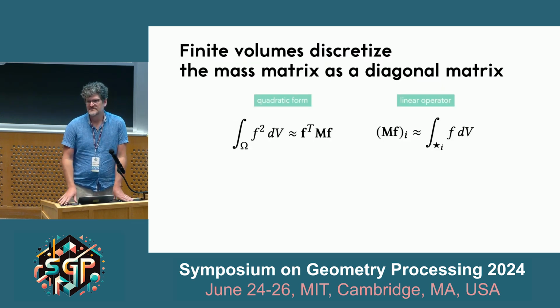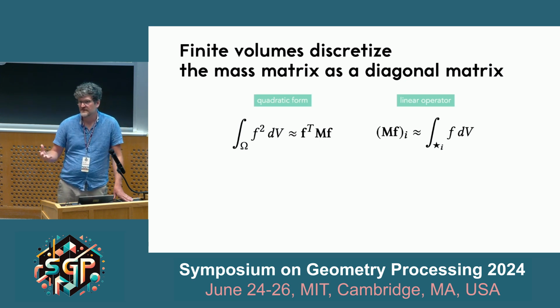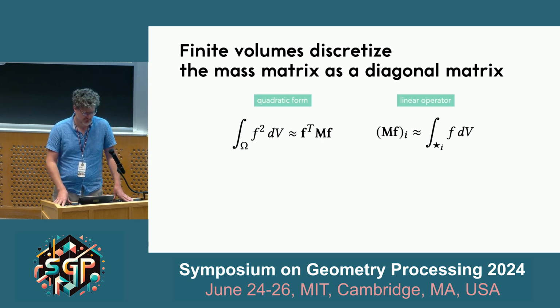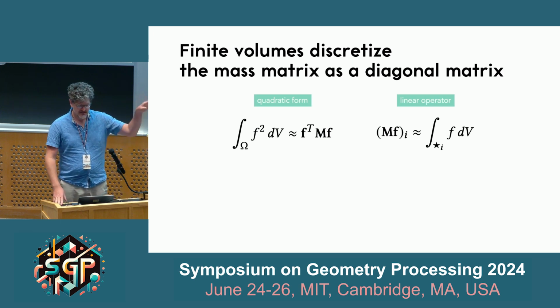So let's dive into these integrals and then take a look at specific choices of finite volumes. Let's start with the easier one, the sum of squared values. So in the continuous setting, we're writing this as an integral of the function value squared. We can understand this as a quadratic form as f transpose M f. We can also understand this matrix as a linear operator.